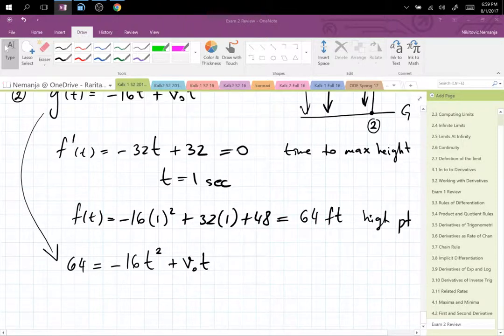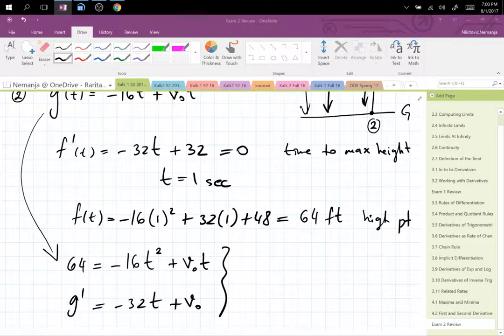So that's one equation, and the other equation is the derivative, g prime equals negative 32t plus v0. So we have these two equations, and we need to figure out what v0 is and at what time. So the time is 1. Oh, we don't need the second equation actually, because we have the time is 1.